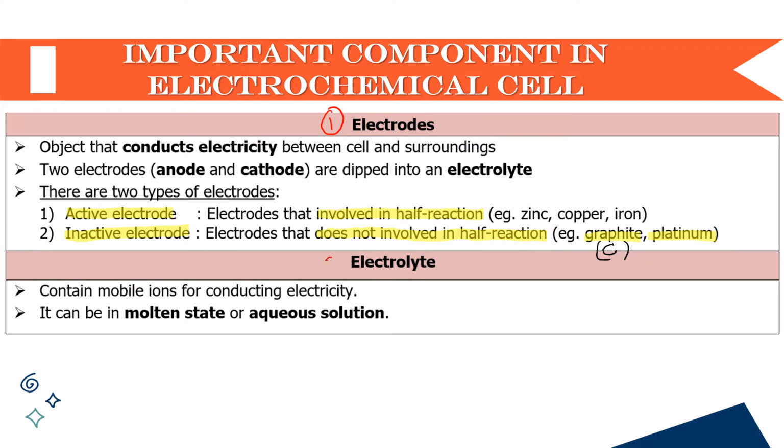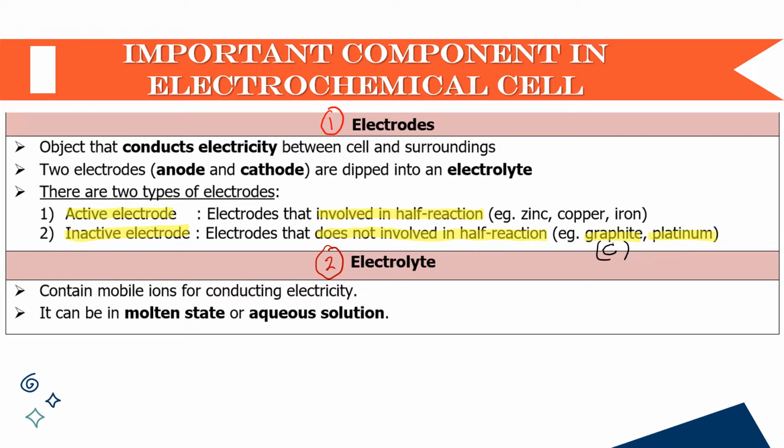The second one is electrolyte. So what is an electrolyte? Basically, an electrolyte contains mobile ions for conducting electricity. It can be in a molten state or an aqueous state.